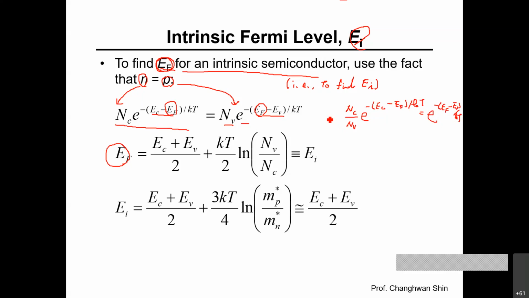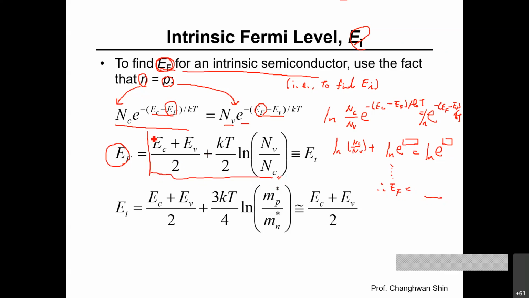Take a log of both sides, and you will get ln of N sub C over N sub V plus ln of the exponential stuff is equal to ln of the exponential something. Following a few more steps and rearranging all the terms with respect to the Fermi energy level, you will get this equation. You can do that by yourself.